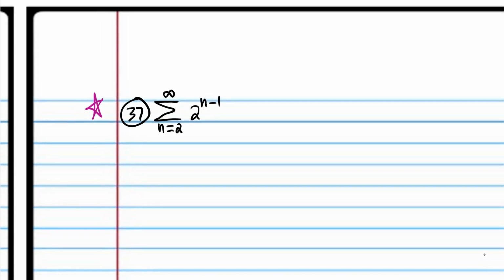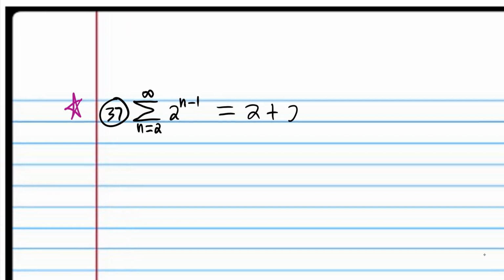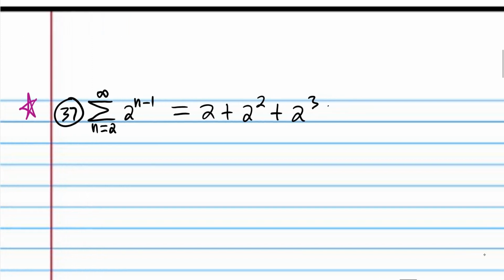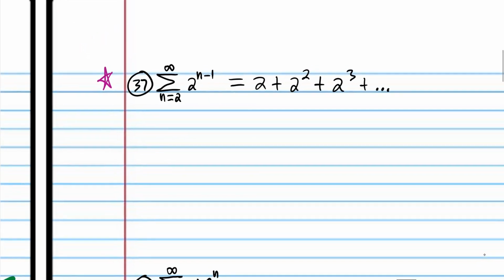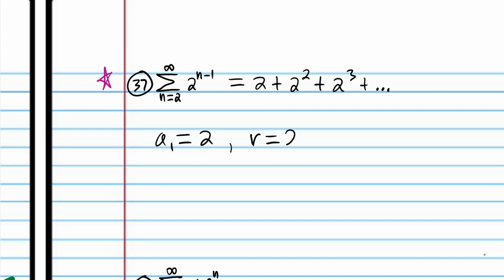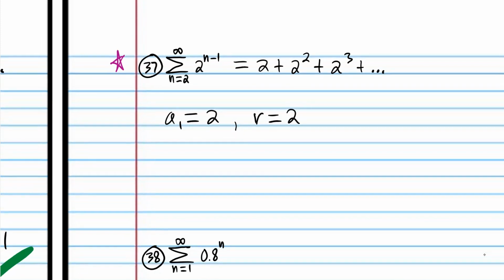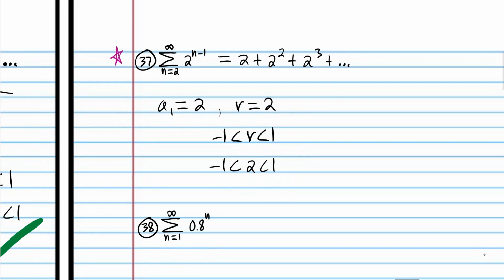Okay, let's try another one. So let's plug in 2 to find the first term, and we'll plug in 3 to find the second term, and then 4 to find the third term, and so on and so forth. You can see that this is a geometric sequence, and the common ratio is r. The first term is 2, or the common ratio is 2, but notice that r has to be between -1 and 1, and 2 is not between -1 and 1.